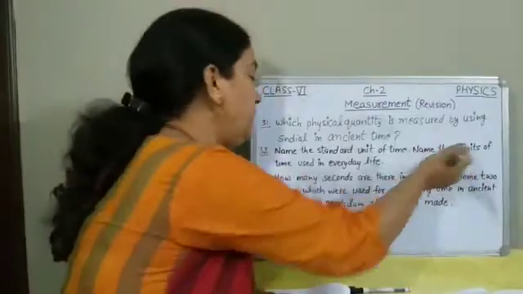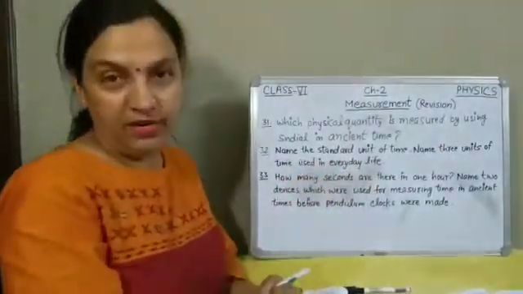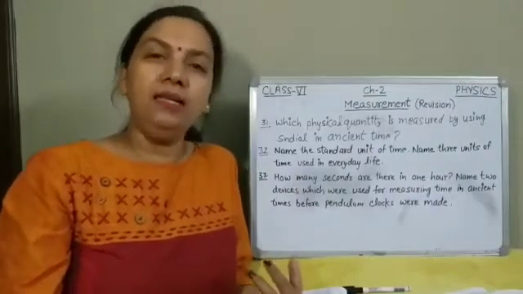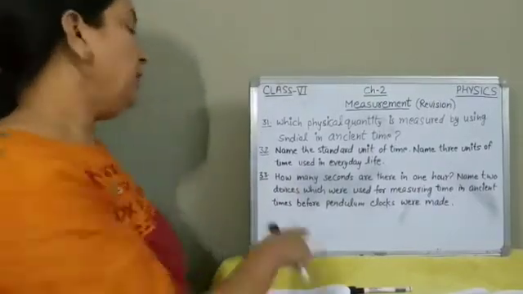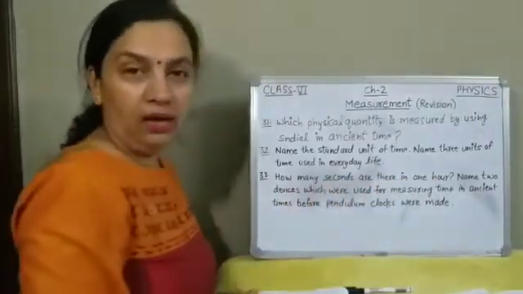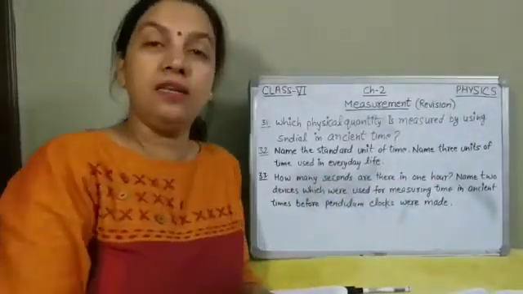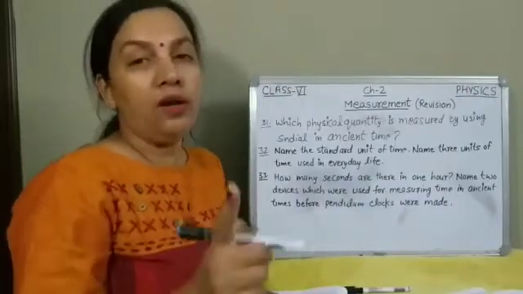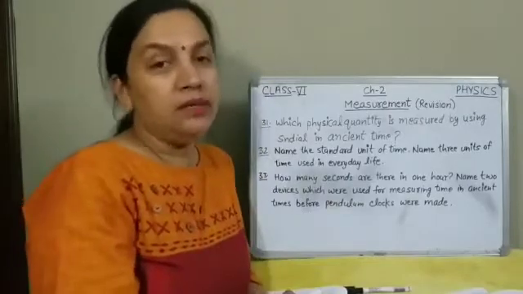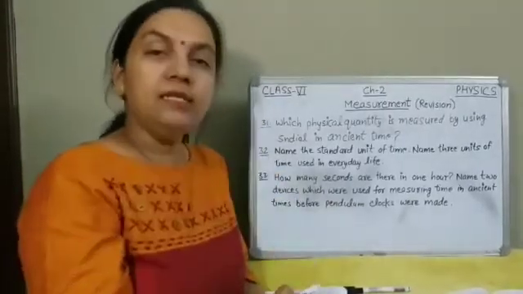Now name 3 units of time used in everyday life. The 3 units are hours, minutes and seconds. Now next question is, how many seconds are there in 1 hour? We all know in 1 hour there are 60 minutes, and in 1 minute there are 60 seconds.